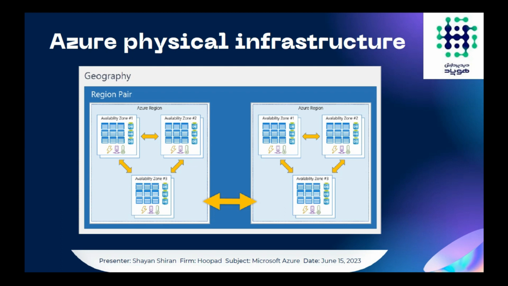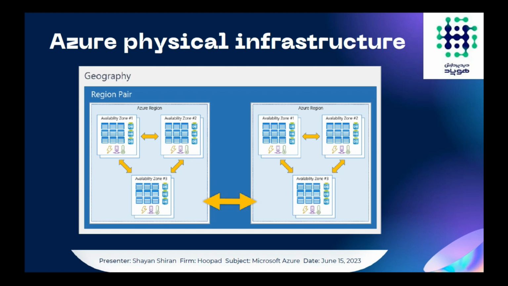And there is a direction between these region pairs. Sometimes regions have a two-way direction. I mean, for example, US East is US West's pair, meaning the information and resources of US East are replicated in the data centers and availability zones of US West, but it doesn't go the other way around.